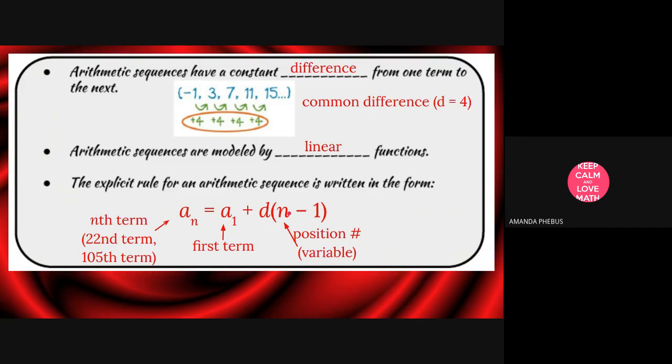So it's almost like n takes the place of x, and A sub n takes the place of y. But most of the time, you're going to see it just be a variable. And then the lowercase letter d right there is going to be your common difference. So really, to write these, you just need to know the first term and the common difference to write the explicit rule for an arithmetic sequence.